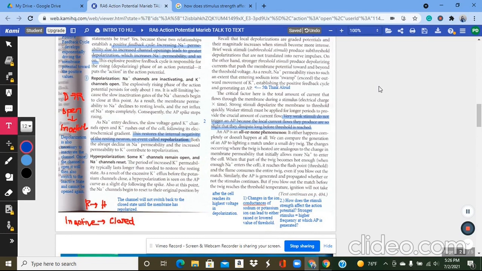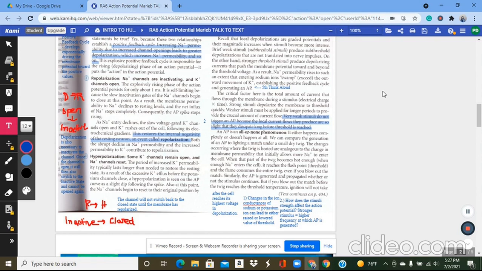So an AP is an all or none phenomenon. It either happens completely or doesn't happen at all. We can compare the generation of an AP to lighting a match under a small dry twig. The changes that occur while the twig is heated are analogous to the change in membrane permeability that initially allows more sodium to enter the cell.